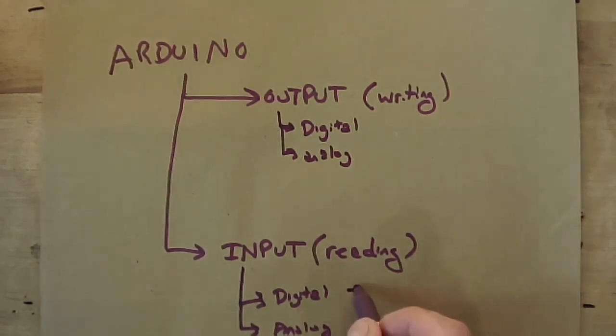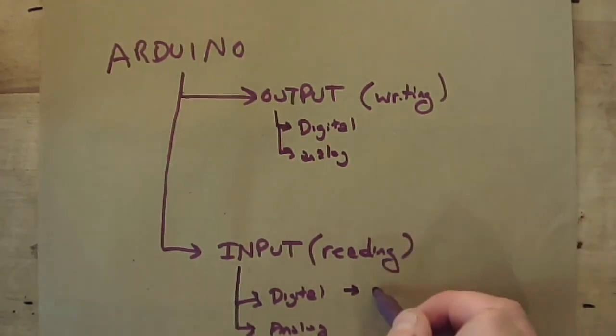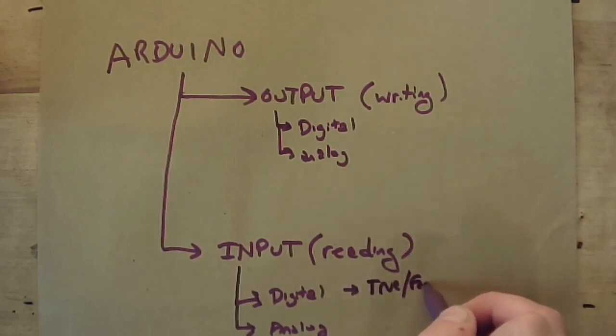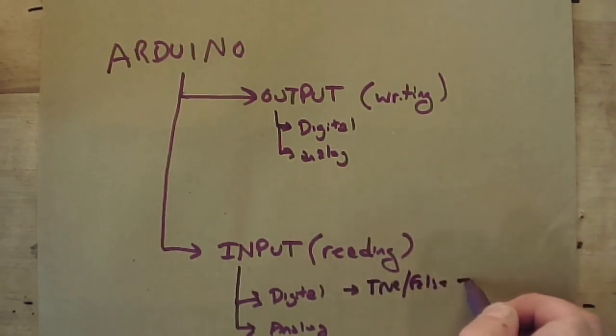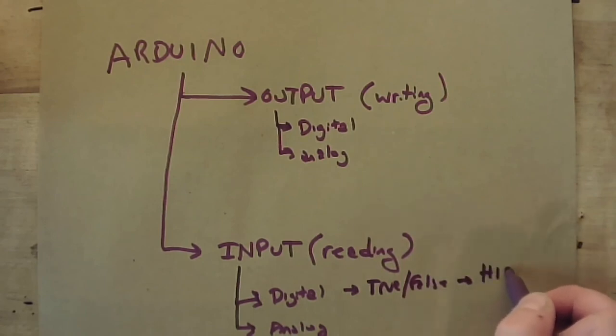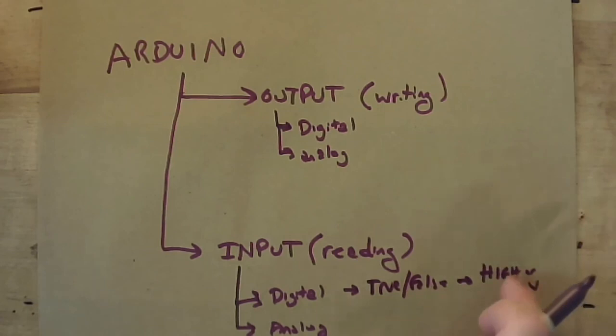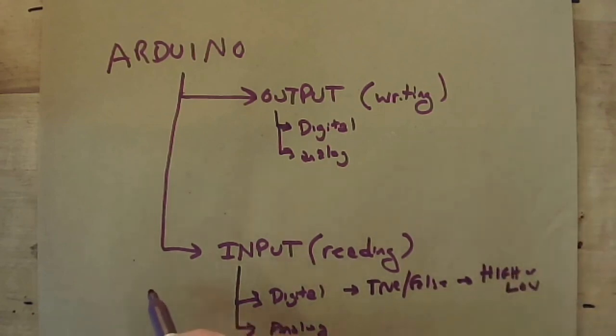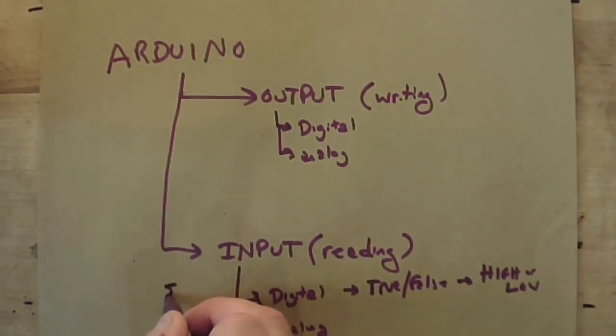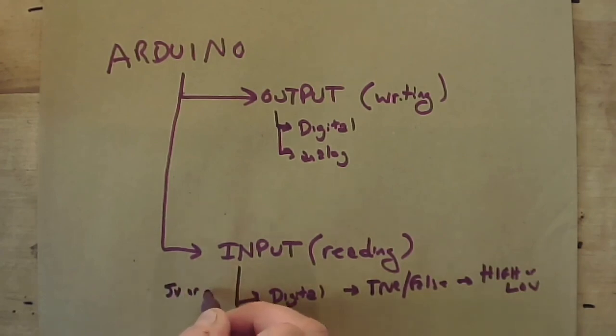So digital, we have true or false, aka high or low, meaning that this is going to determine whether or not there is power being supplied to a pin. So it's 5 volts or not.